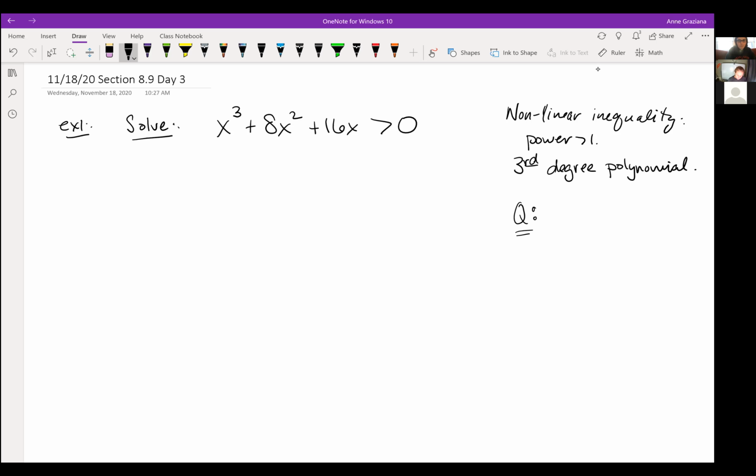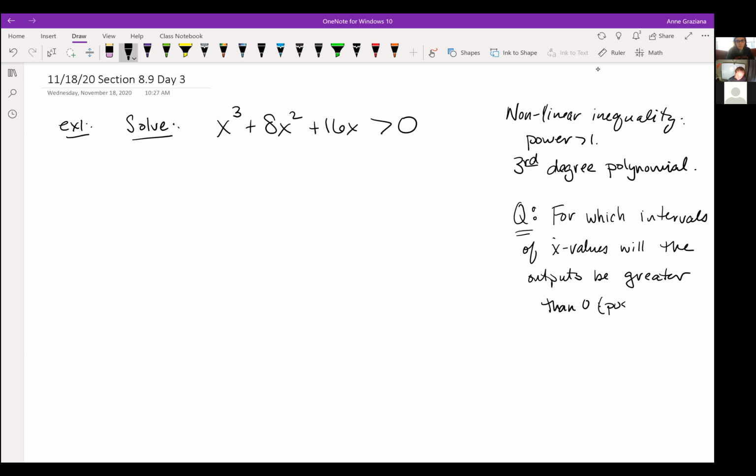It's asking for which intervals of inputs, or x values, will the outputs be greater than 0, which is a fancy way of saying positive.